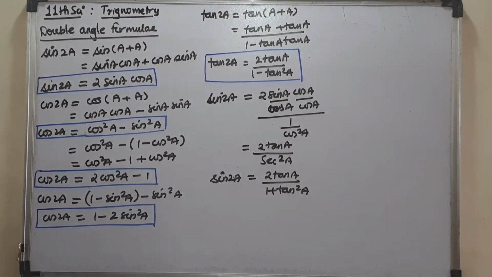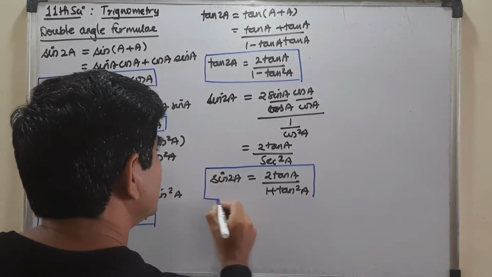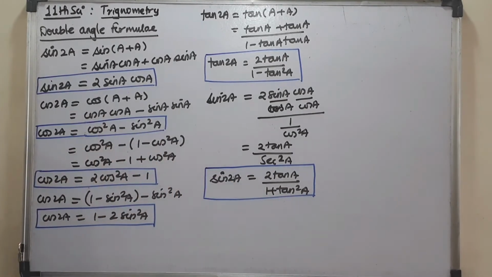So I get this sin 2A to be 2 tan A upon 1 plus tan square A.